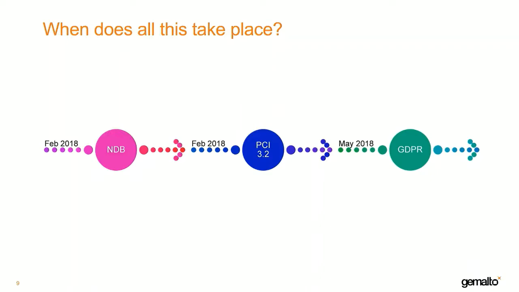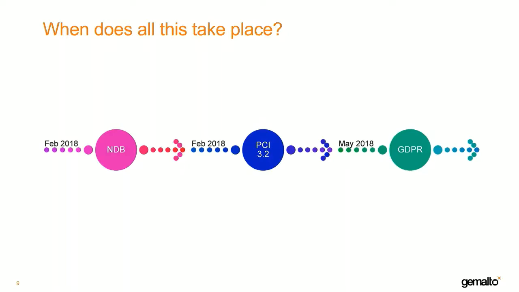But clearly a lot of progress has been made up to this point and no doubt will continue throughout 2018 and 2019. Now, interestingly, in May 2018, the European General Data Protection Regulation actually comes into place as well.